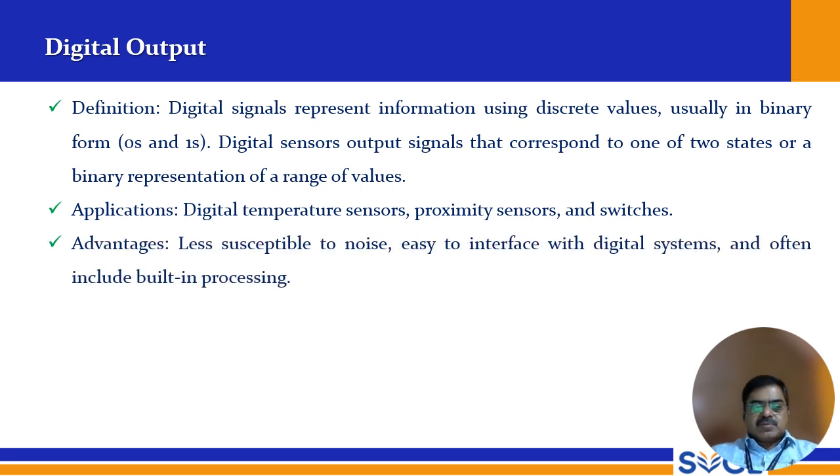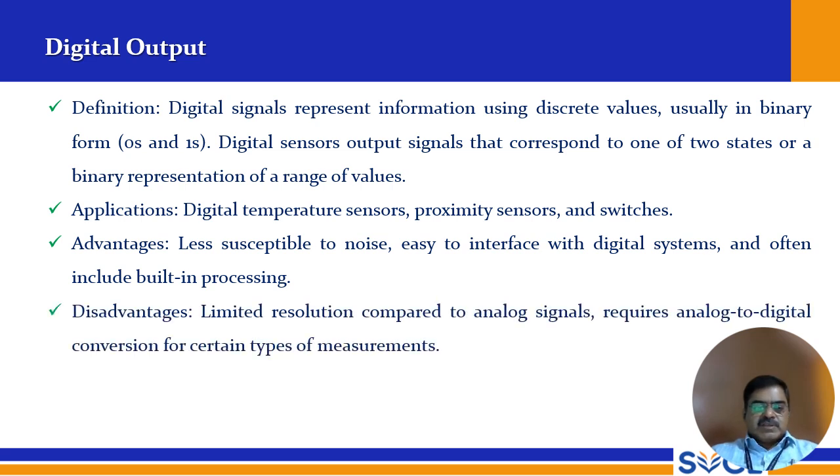Advantages: less susceptible to noise, easy to interface with the digital systems, and often include built-in processing, that is signal processing. Disadvantages: limited resolution compared to analog signals, requires analog to digital conversion for certain types of measurements.